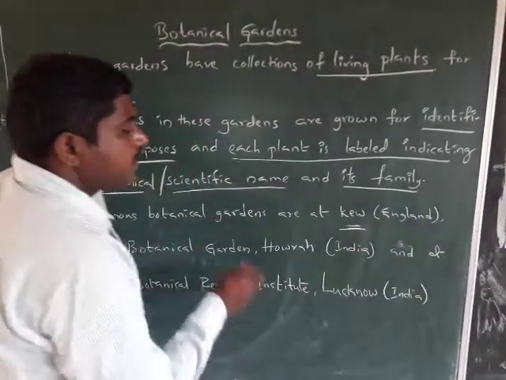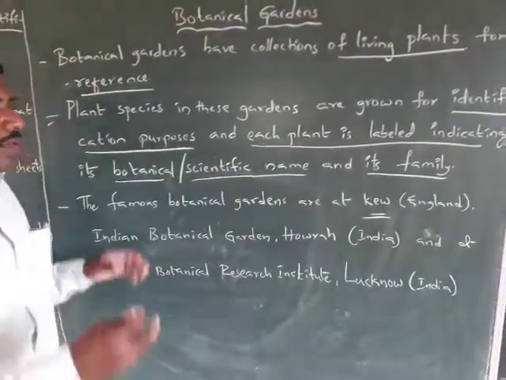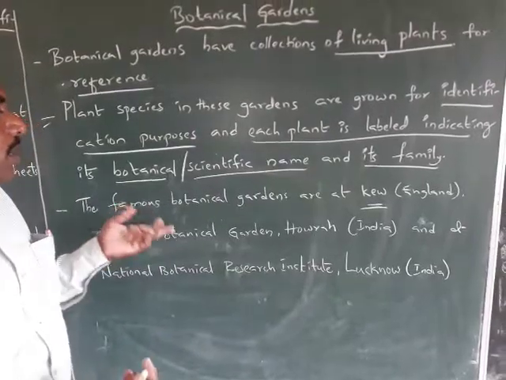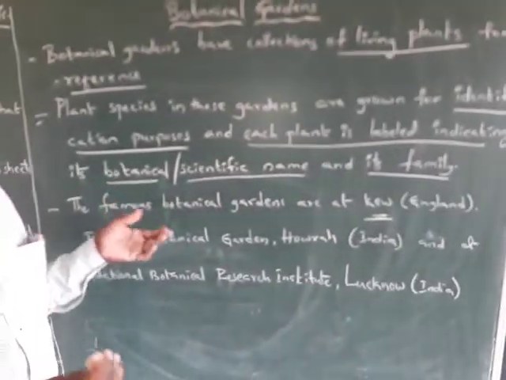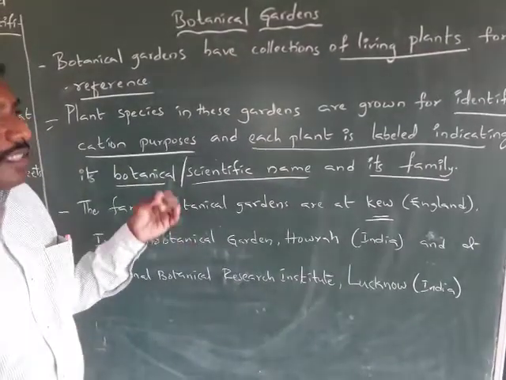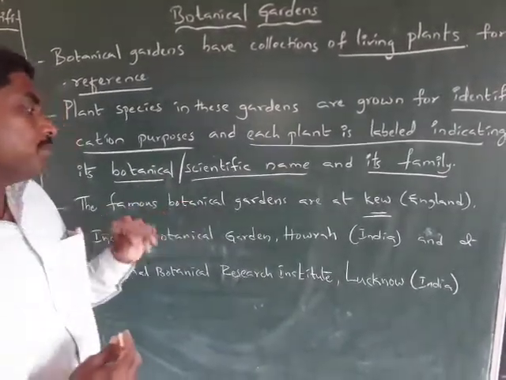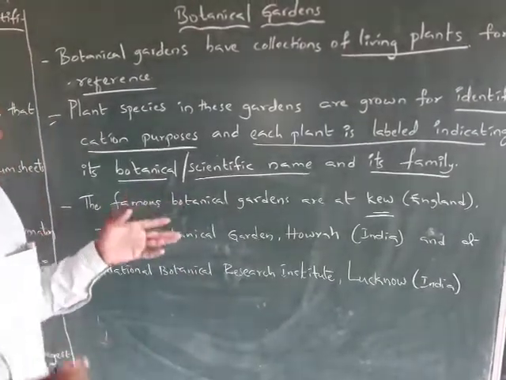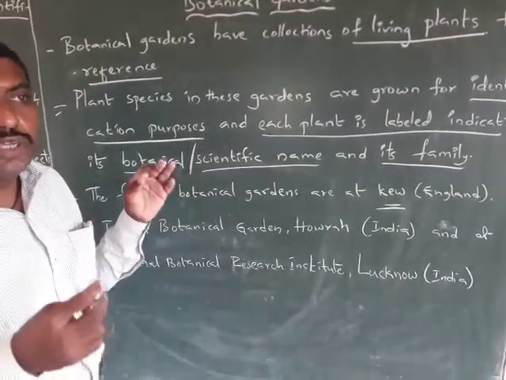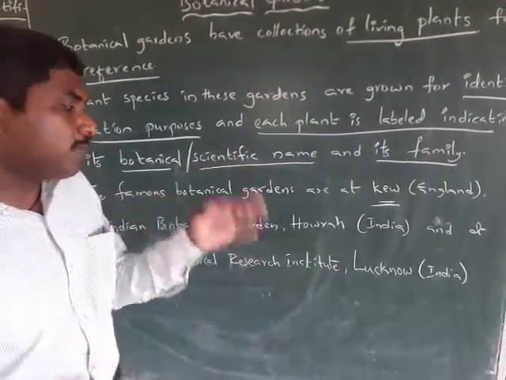There are many plants, and every plant has a label containing the scientific name and family name. That's why these are referrals for further use, a referral system for the identification of newly found plants.